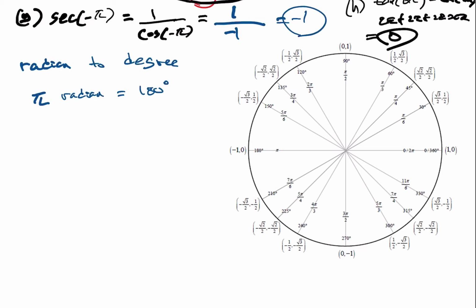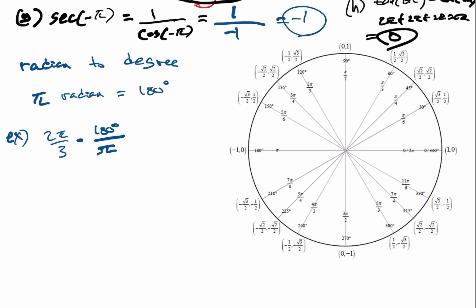So if I want to convert, for example, 2 pi over 3 to degrees, I multiply by 180 degrees over pi. So here's the important part.